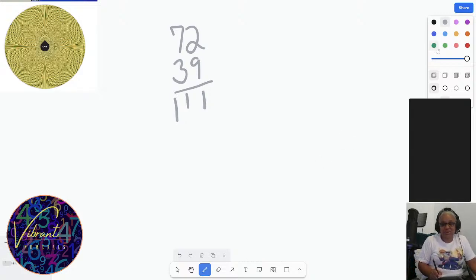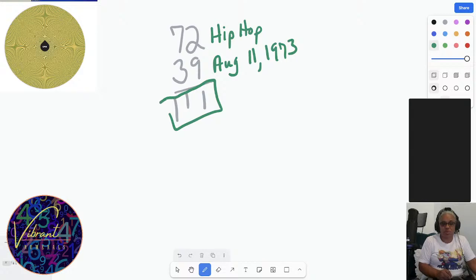So the 2 vibrations of hip hop, its name, and then its life path number based on August 11th, 1973 gives us an angel number of 111. Goes to a 3.